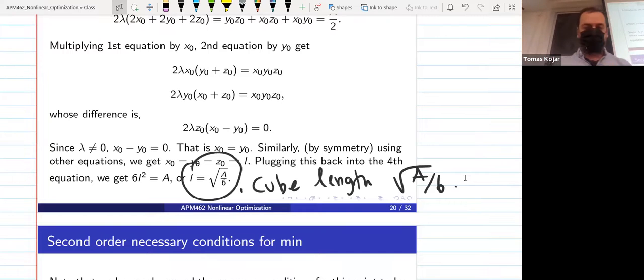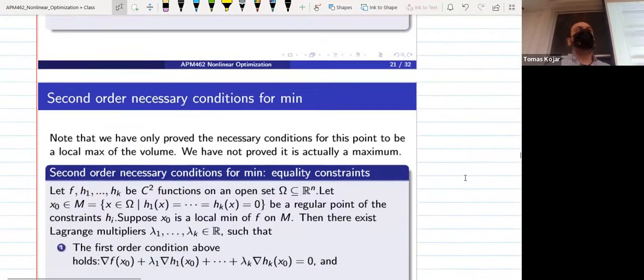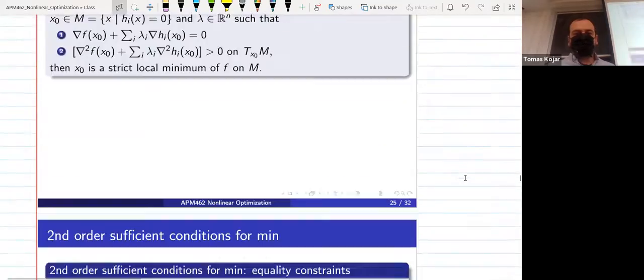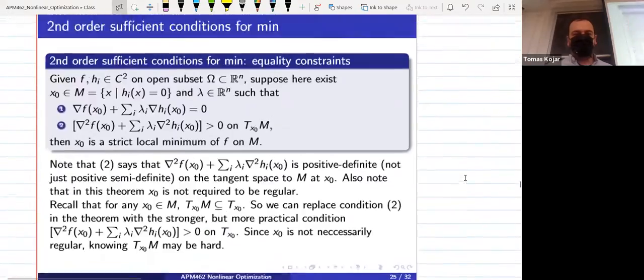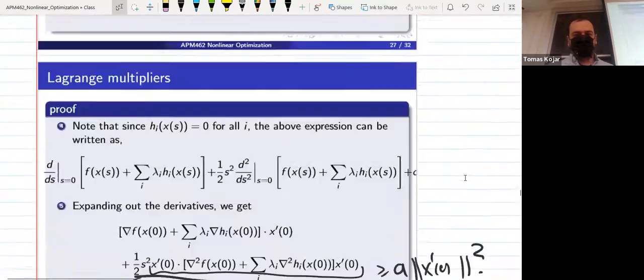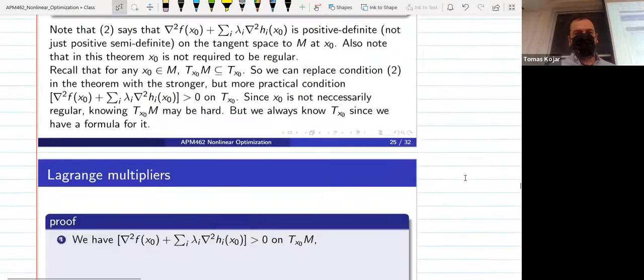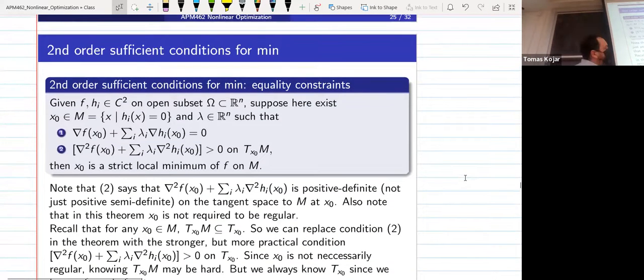All right, good. But we have to prove that this is the global minimum. So for this, you need second order conditions. Let me remind you. So these are the second order conditions. First one, we showed that our rectangle attains it.